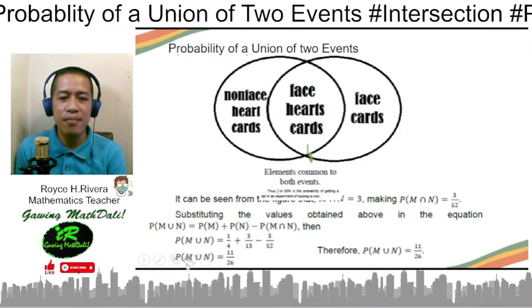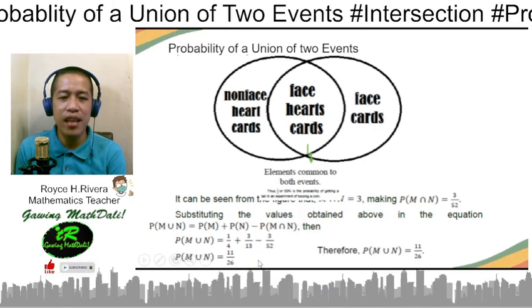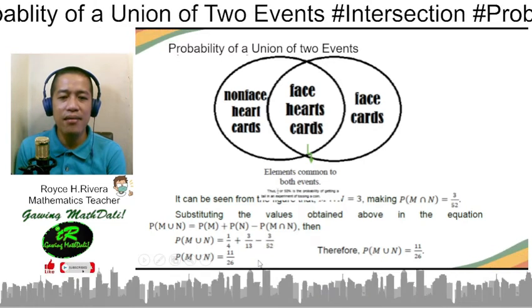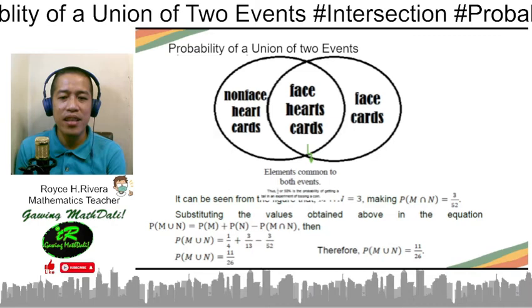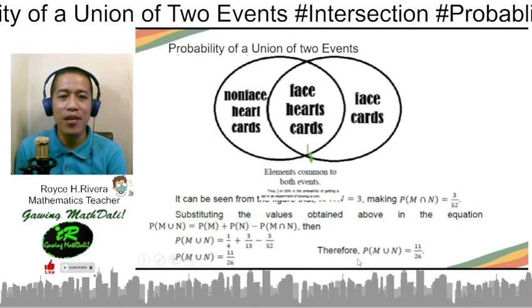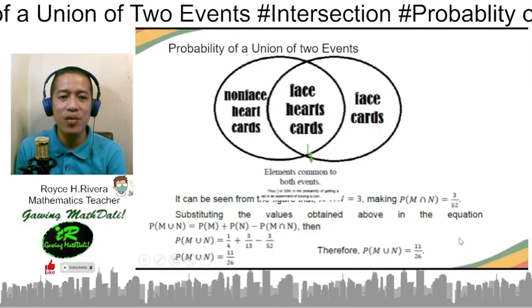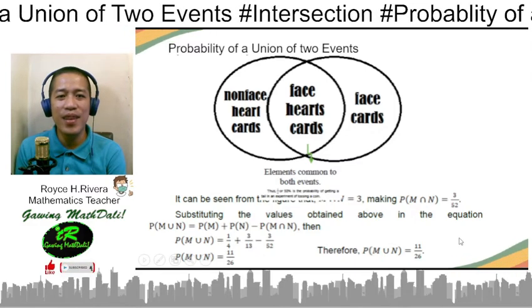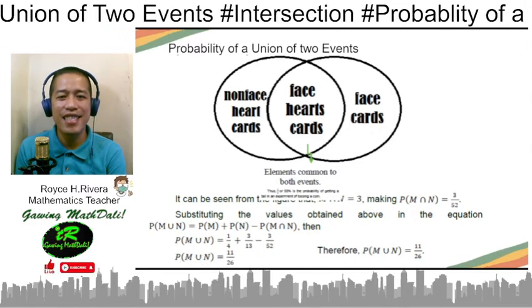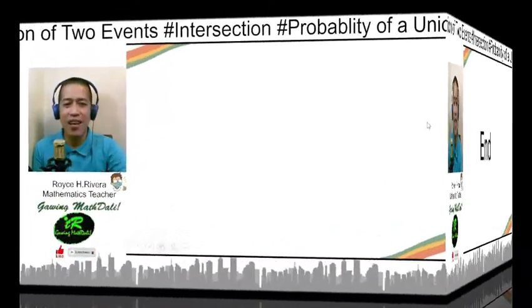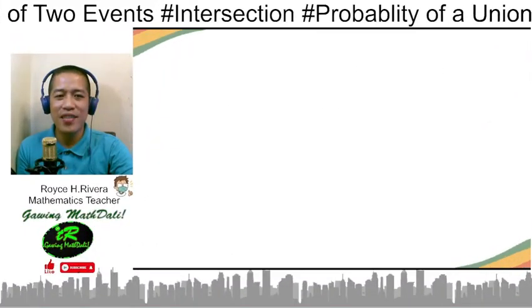Giving us P of M union N equals 11 over 26. Therefore, the probability of M union N is equal to 11 over 26. Class, ito ang mga kailangan nyong tandaan.